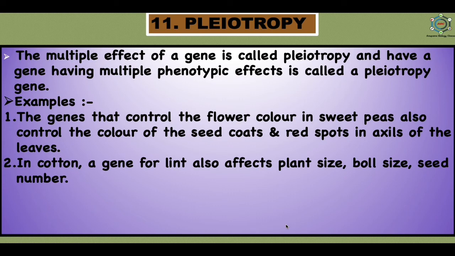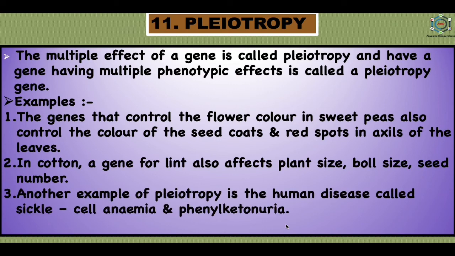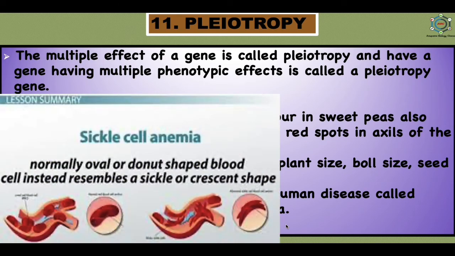In cotton, a gene for lint also affects plant size, boll size, seed number, etc. Another example of pleiotropy in humans is the disease sickle cell anemia and phenylketonuria, which you can see in the picture. In sickle cell anemia, the gene which causes this disease alters the type of hemoglobin and also changes the form of red corpuscles.